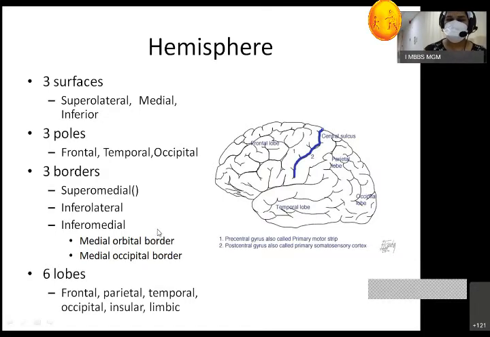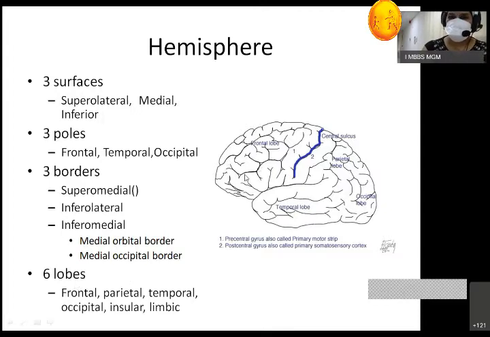The borders are important for you. Then this inferomedial border is divided into the anterior part, the medial orbital border, because that is related to the orbital part, and posteriorly it is related to the occipital lobe, so it is called the medial occipital border.